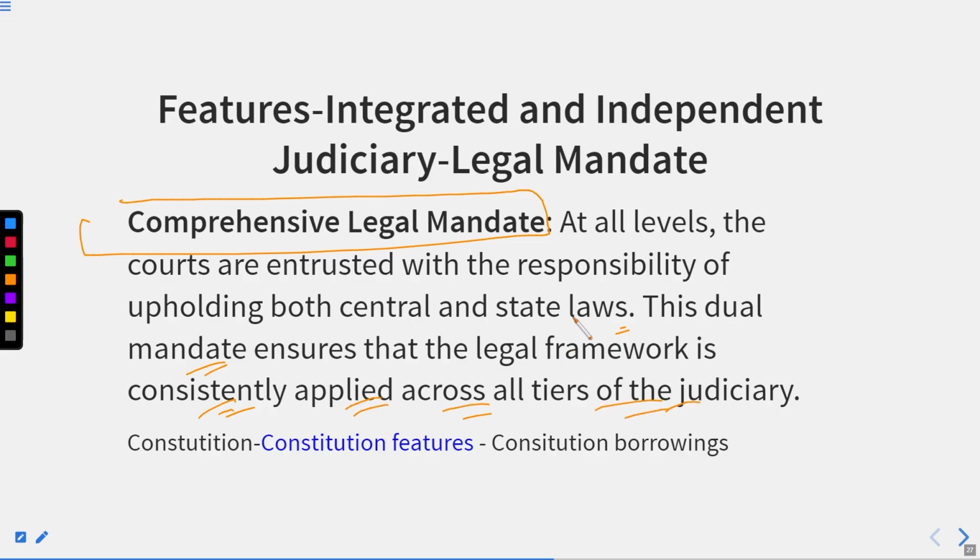Okay, so whether it's in the center or in the state, anywhere, if there is a violation of law, according to the respective powers granted to the courts by the Constitution, the Supreme Court, High Court, or subordinate courts will take the necessary judicial action. So that's why we have a comprehensive legal mandate so that everything could be crystal clear. All right.